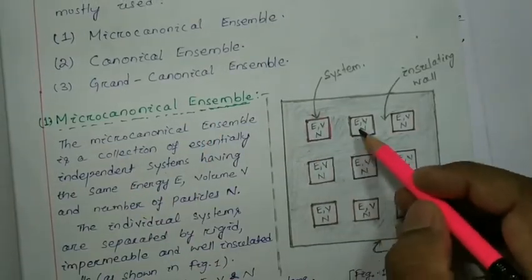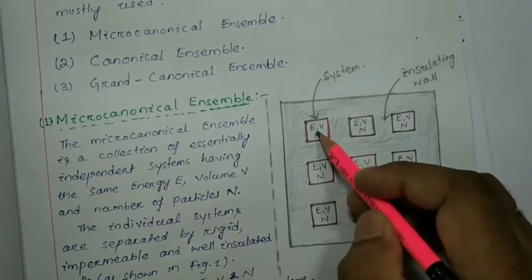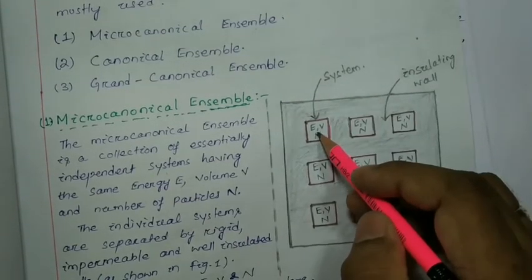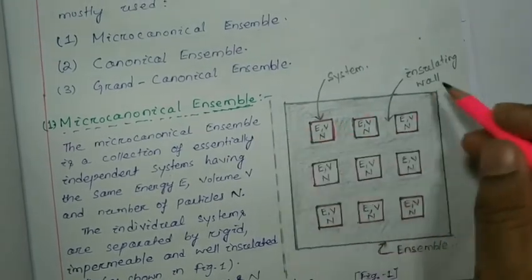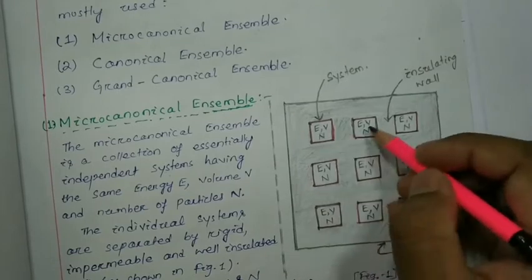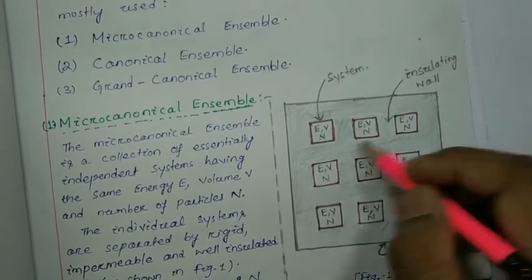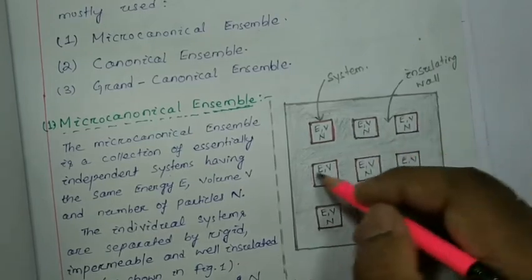That means each and every system or phase point, or we can say the microstate in the phase space. In this case, all the energy states are distinguished. They are not linked with each other, meaning there is no exchange of energy. They are separated energy states.